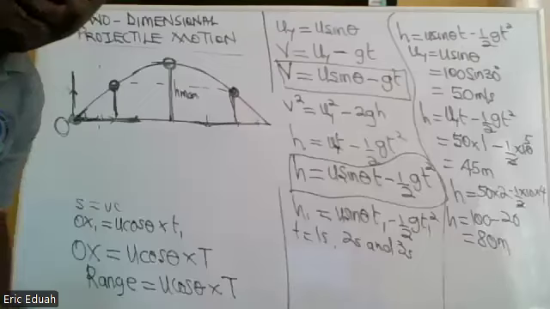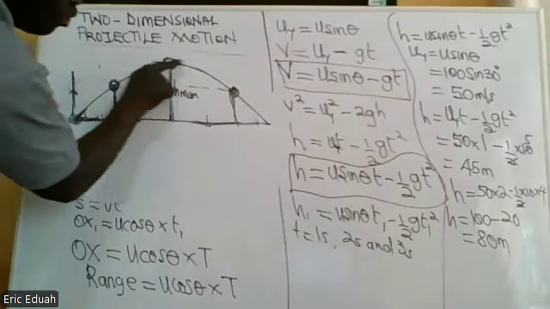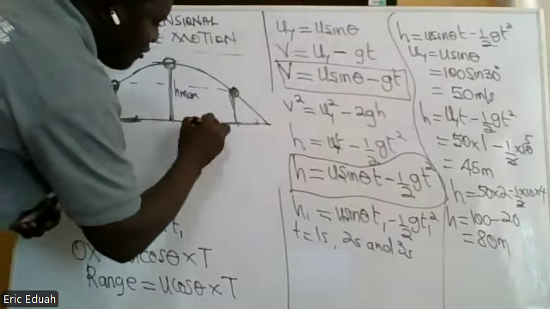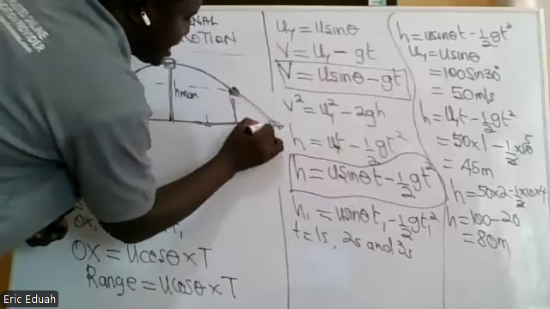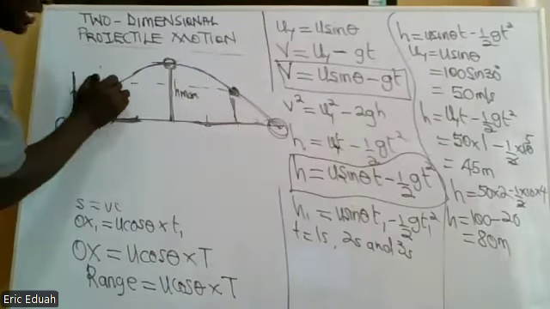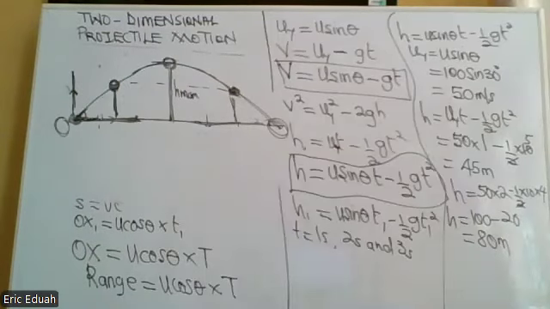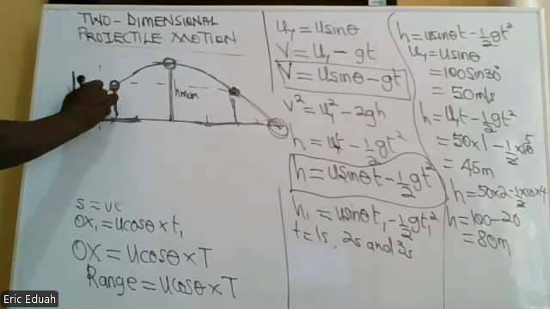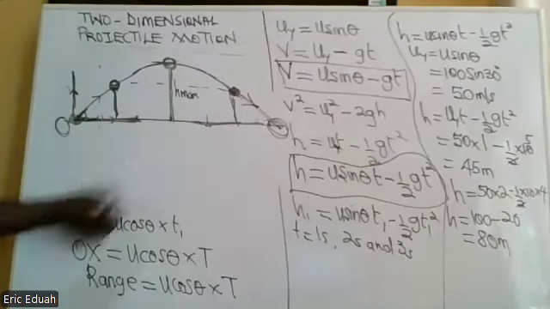The trajectory is its path. The path you go through is parabolic, meaning when it is from ground to ground, it creates a parabolic shape. Height here will be the same as height here. Velocity here will be the same as velocity here. Here the body is going up, here it is falling down. The velocity at these 2 points is the same.